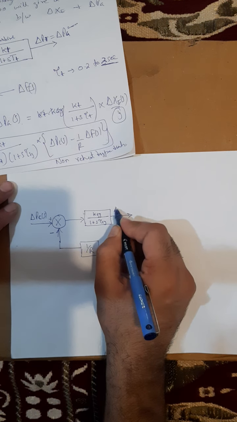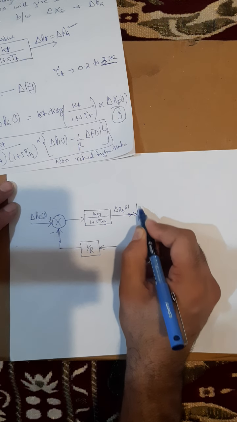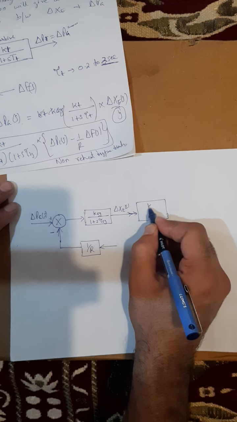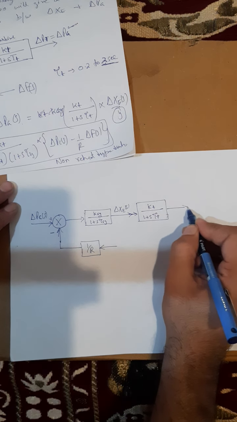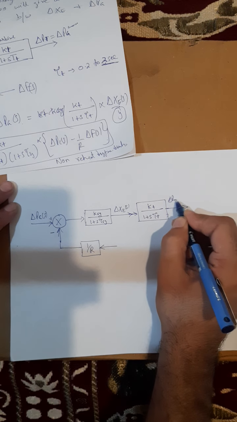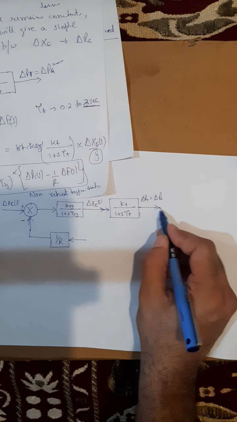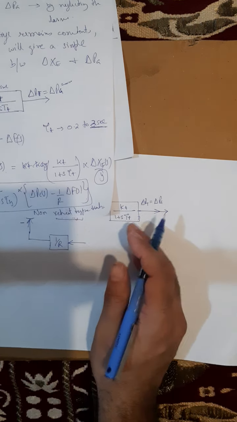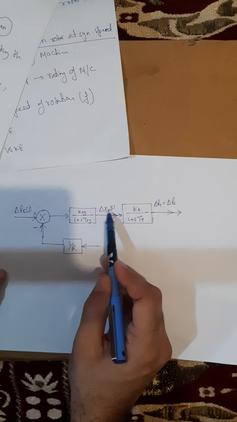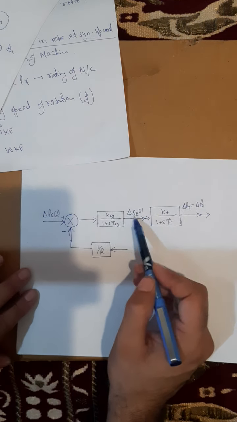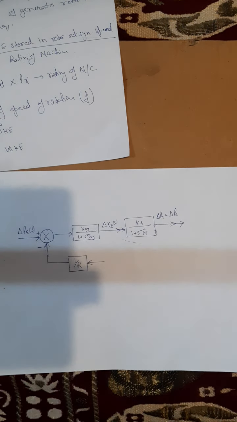The output of the Governor is delta XES, which is the input to the turbine. The turbine is KT over 1 plus S TT, and the output of the turbine is delta PT, which is nothing but delta PG, because I am neglecting the losses. This completes this diagram. This part is my Governor, and this is my turbine. Now I will connect the generator.